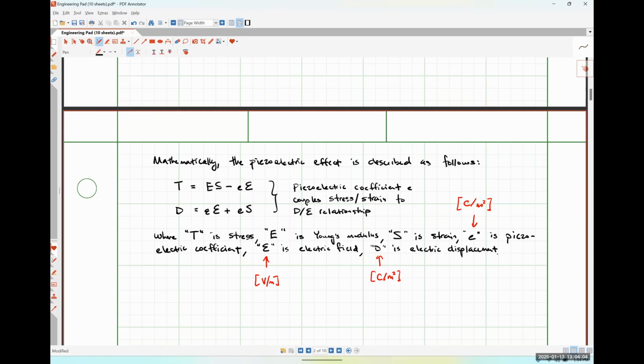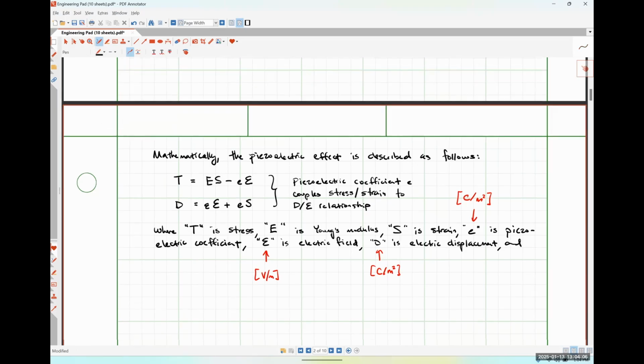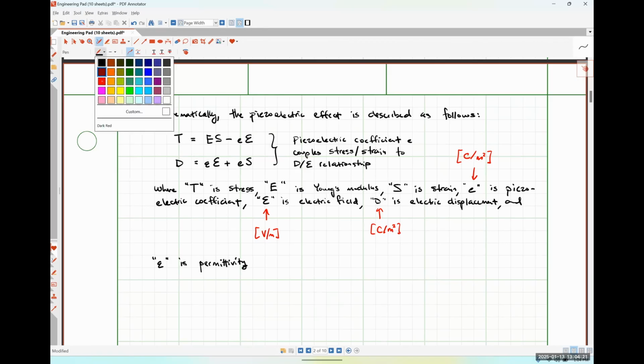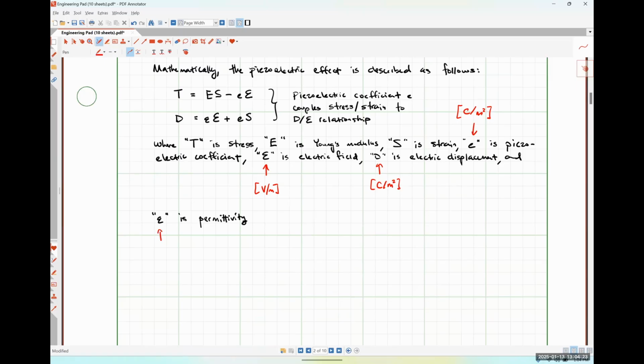And lastly, I'll tuck it down here, lowercase epsilon is a material's permittivity. And this guy is measured in farads per meter.